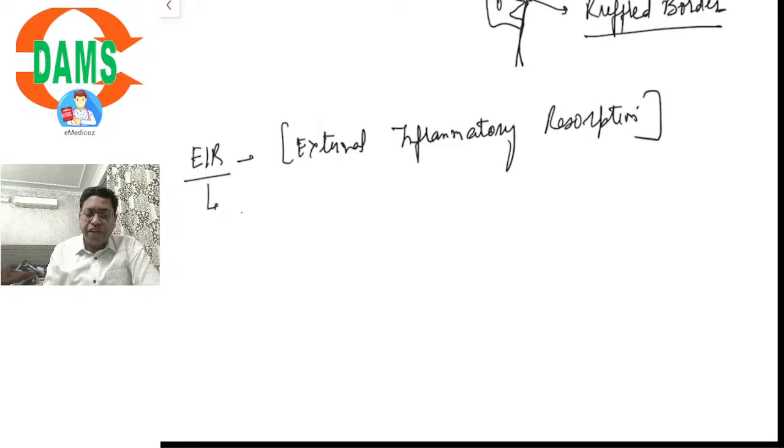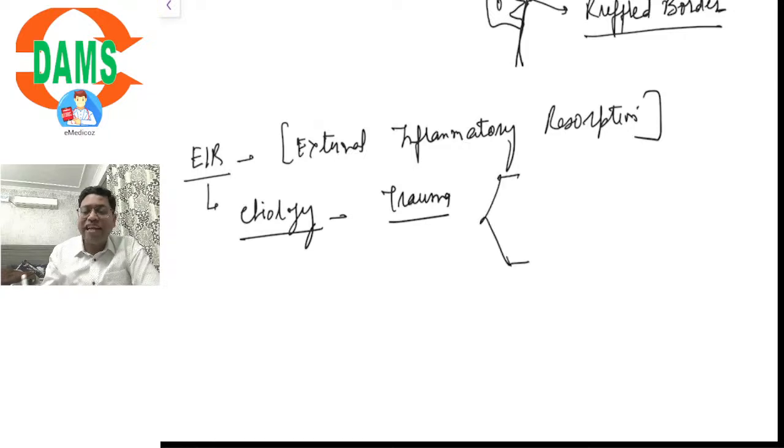If we talk about etiology, then it is most commonly associated with trauma, traumatic tooth injuries, and the forms of trauma which are most likely to produce external inflammatory resorption are firstly avulsion, complete exarticulation, the tooth has come out of its socket. Avulsion causes 30% incidence of external inflammatory tooth resorption.